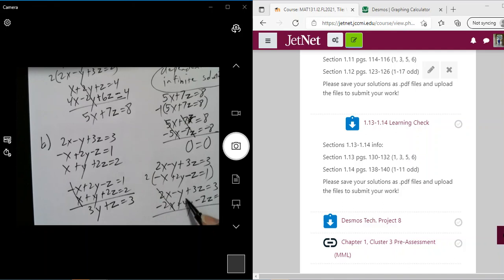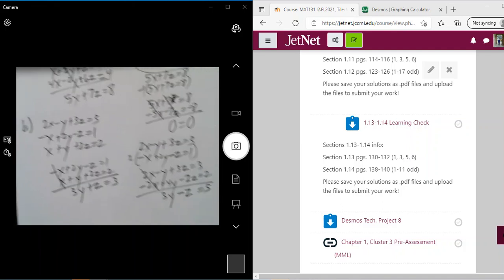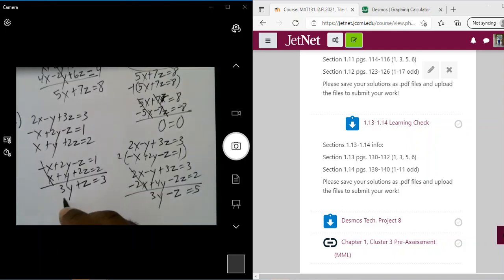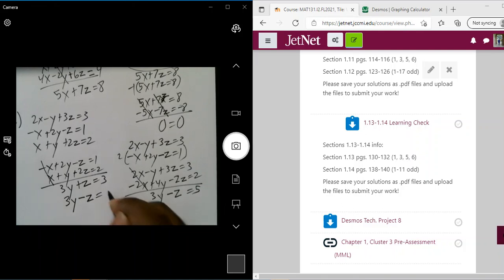These x's would go. This will be 3y minus z is equal to 5. So now we add 3y minus z is equal to 5. Now, we'll add these two together. This will give us 6y is equal to 8.